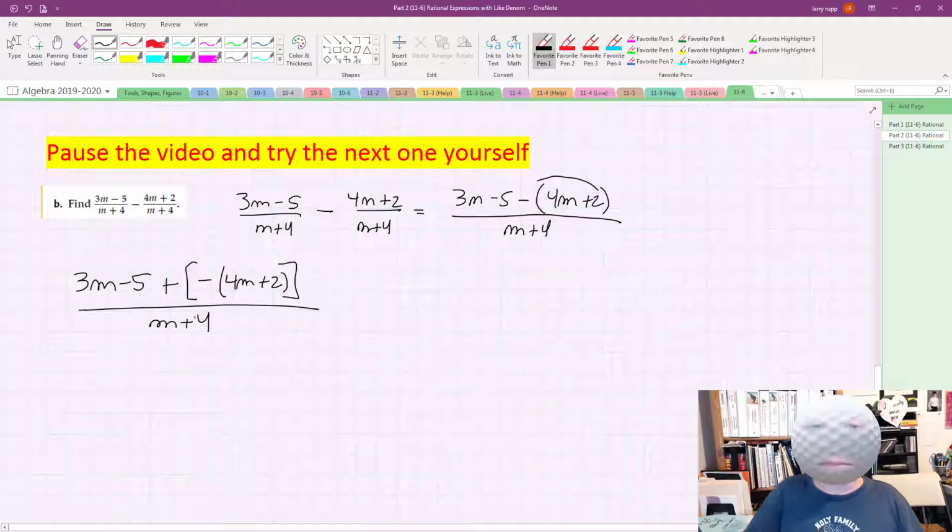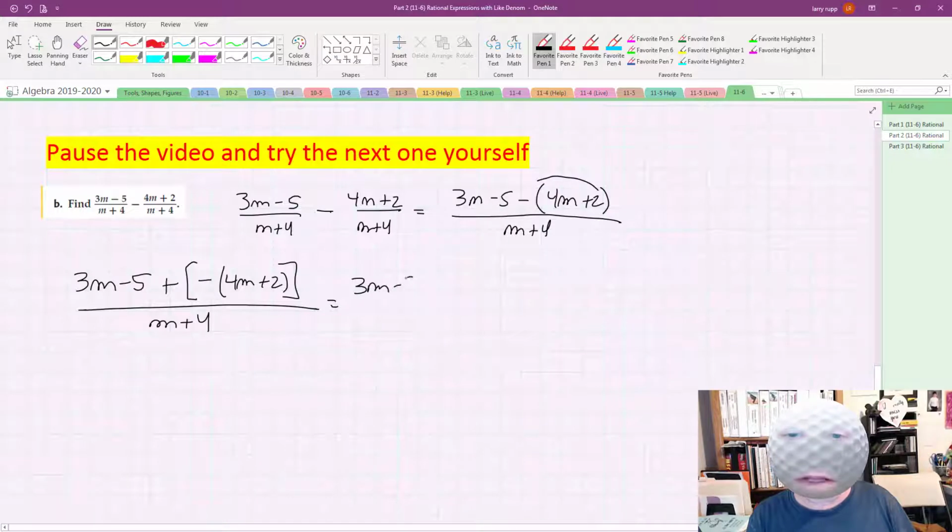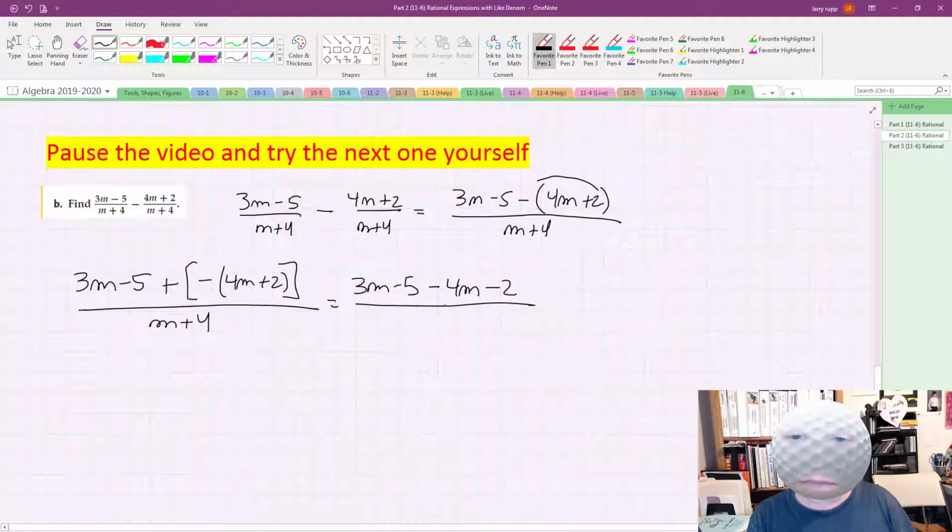m plus 4. Okay, so simplifying this, 3m minus 5, we have minus 4m, and then the negative 2 carries through, distribute the negative across here, so it's negative 4m, which is what we've got, and then negative 2. So minus 2, and that's all over m plus 4.